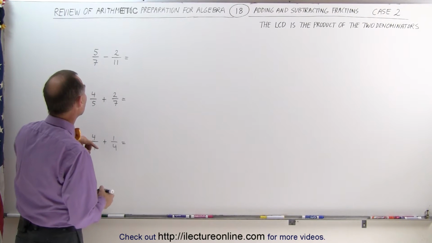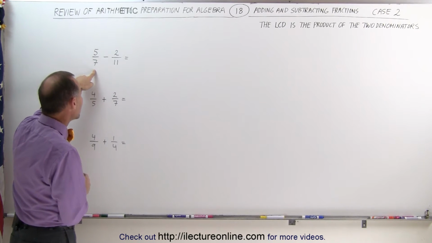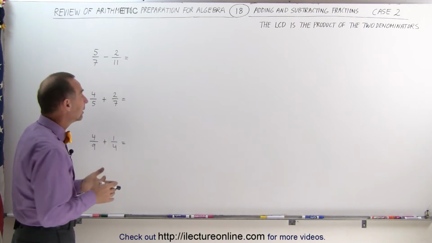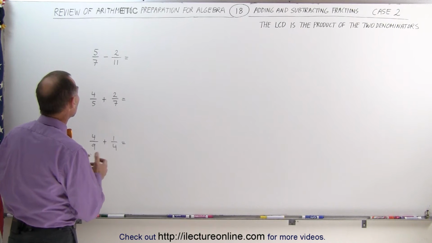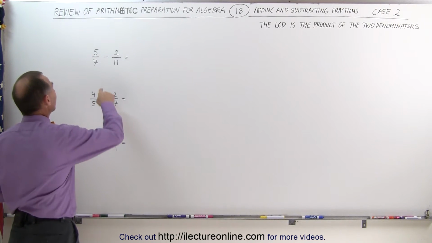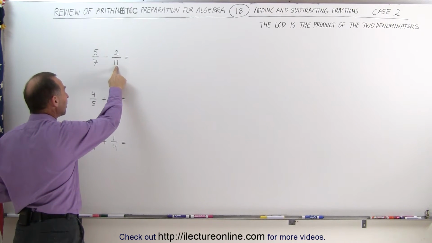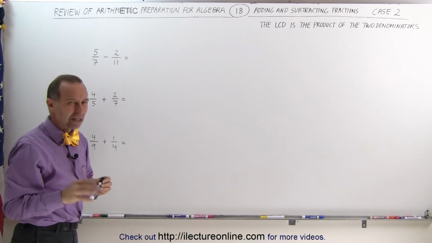Here we have subtraction. We realize that since the denominators are prime numbers, we need to multiply the denominators to find the lowest common denominator. Or another way to do that is to multiply this denominator by the other denominator, and multiply that denominator by this one. Let me illustrate.